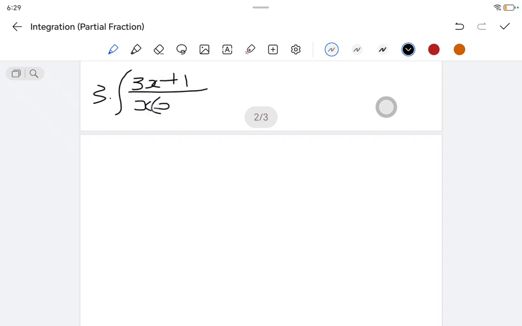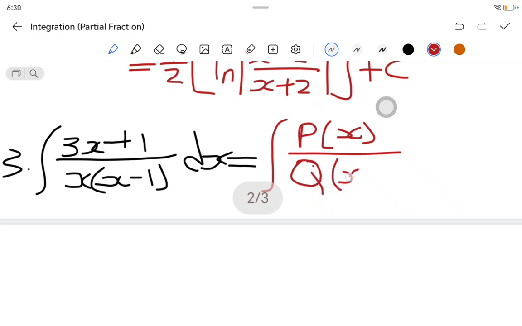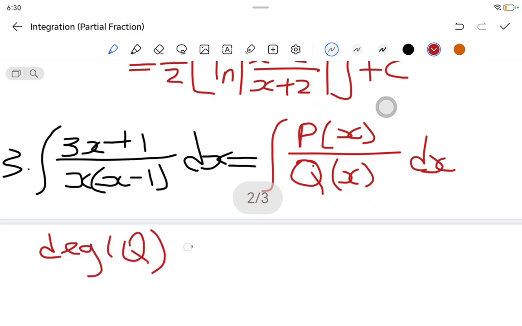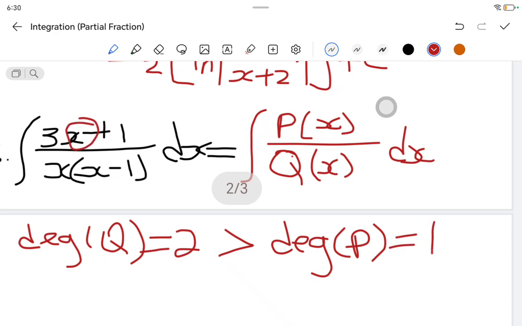If we check here, remember I said that this is the same thing as the integral of p of x all over q of x dx. And if we check here, the degree of q will be equal to 2, because if I multiply this, the highest degree will be 2, x squared, right? Which is greater than the degree of p, because the degree of p is 1, 3 to x to the 1. So it means that I can decompose.